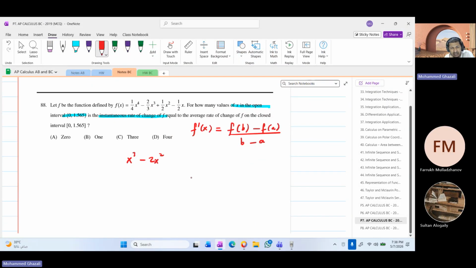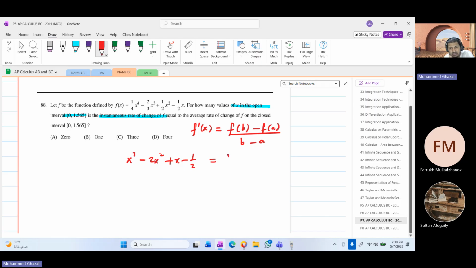Is that correct? Yes, you're correct. It's right. 3 times 2/3 is 2. You are finding the derivative, subtracting 1 from the power. So plus x minus a half. What is f of b? f of b, you need to substitute the second value inside the function f. f of b minus f of a.